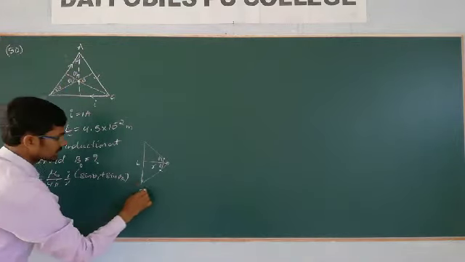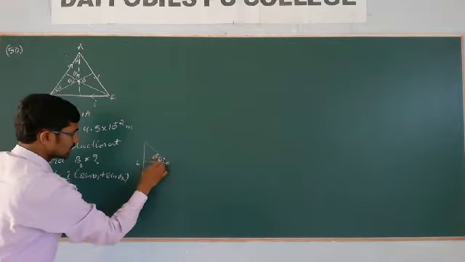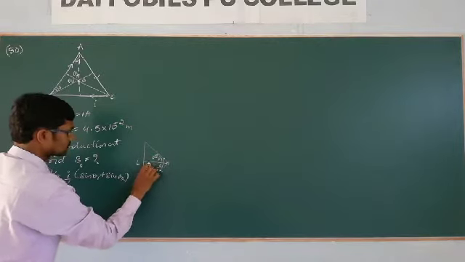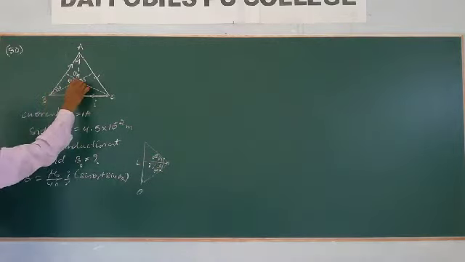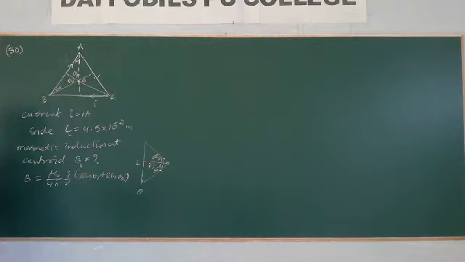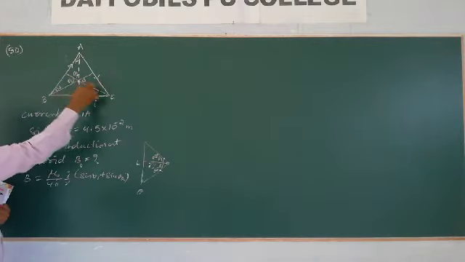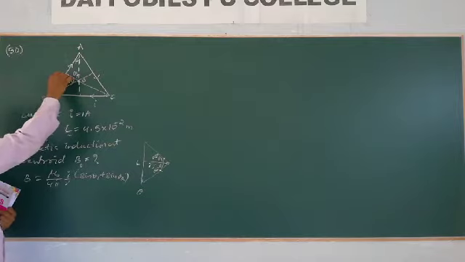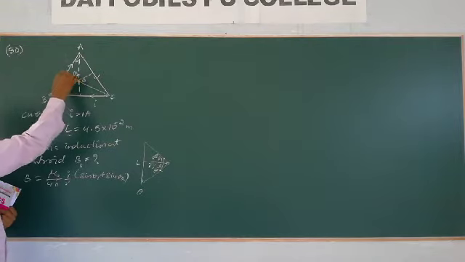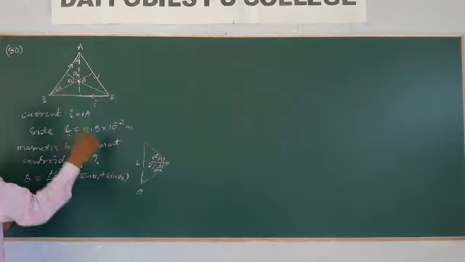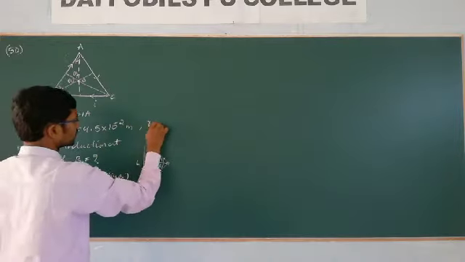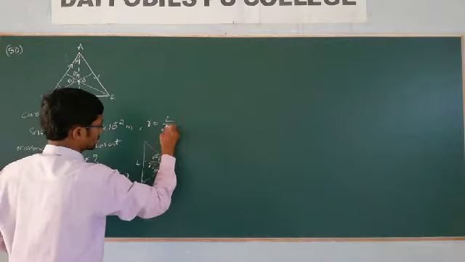That is, θ1 is 60 degrees and it is also 60 degrees. But what about this R value? From here we have the R value, which divides in the ratio of 2:3. Then this value is L by 2√3. R value is nothing but L by 2√3.